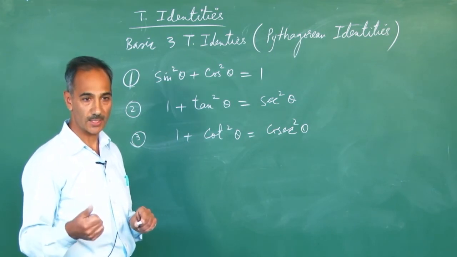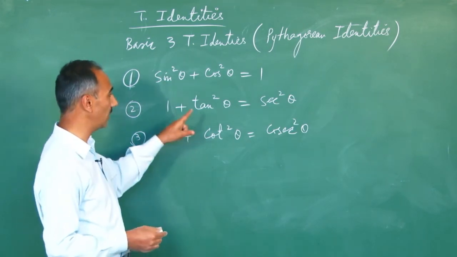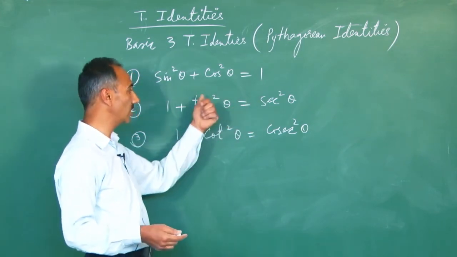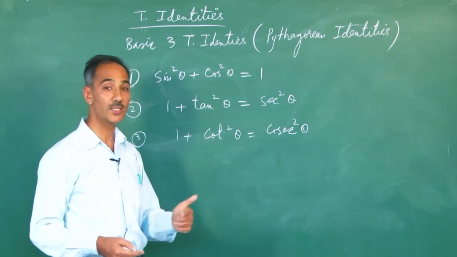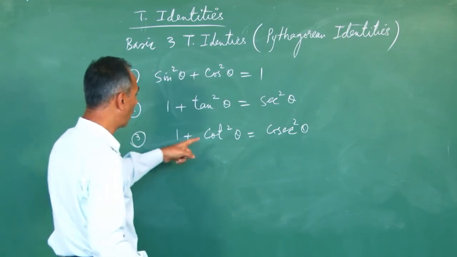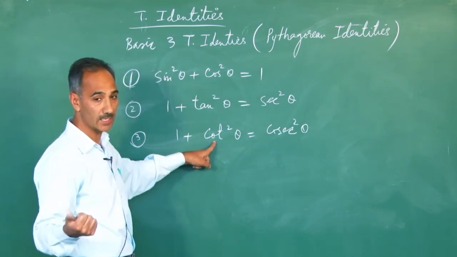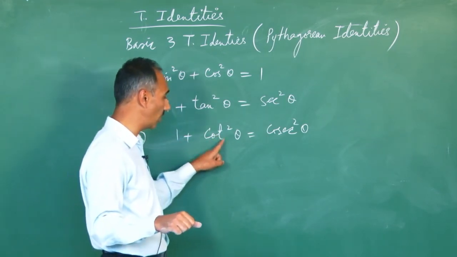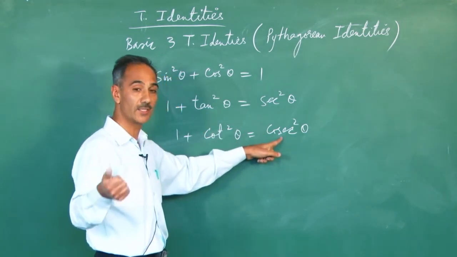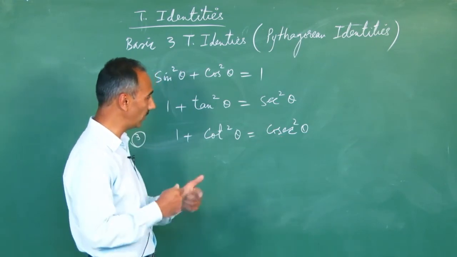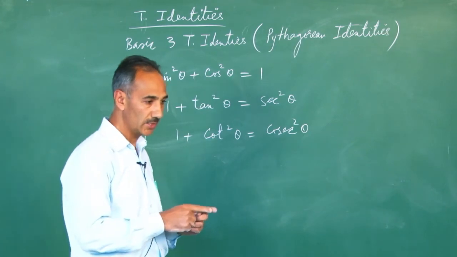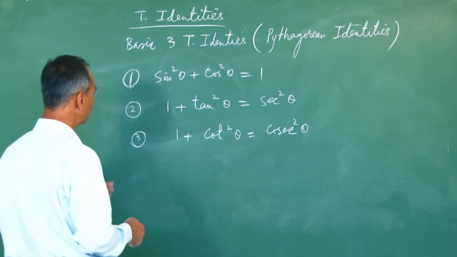As per reciprocal, again tan is related with cot, but in this case tan has a relation with secant. In turn, secant has a relation with tan, but secant is related with cos as per reciprocal results. Cot is related with tan as per reciprocal results, but in this case cot is related with cosec, and cosec with cot, but cosec is related with sine as per reciprocal. So this way you are observing that the relationship changes as far as those T ratios are concerned.